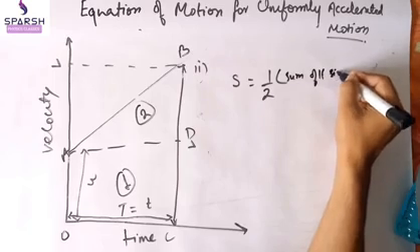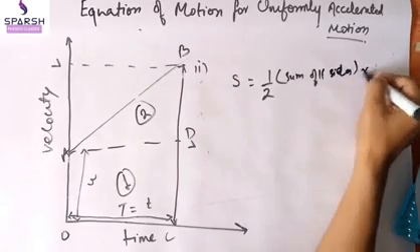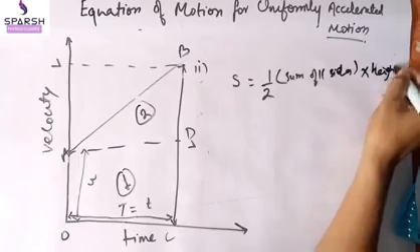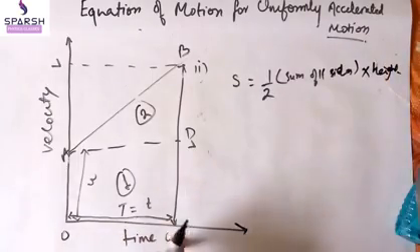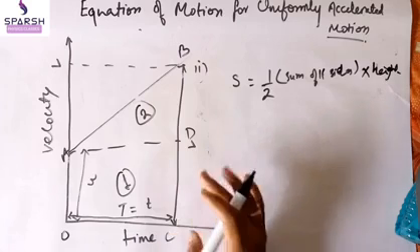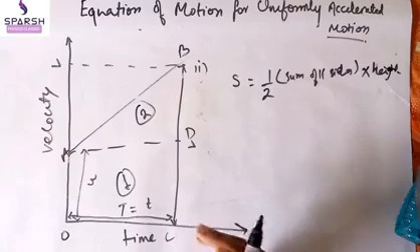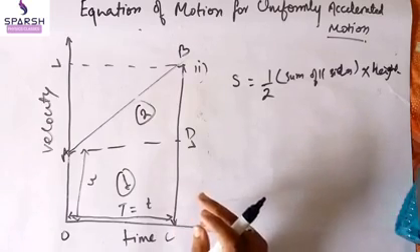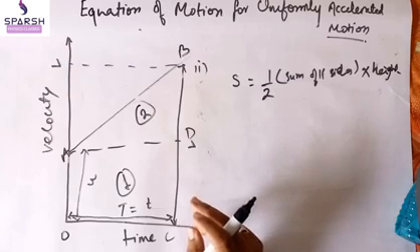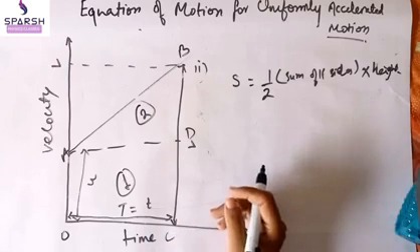Height is t, that is the perpendicular distance between these two parallel sides, and the sum of parallel sides is BC plus OA.